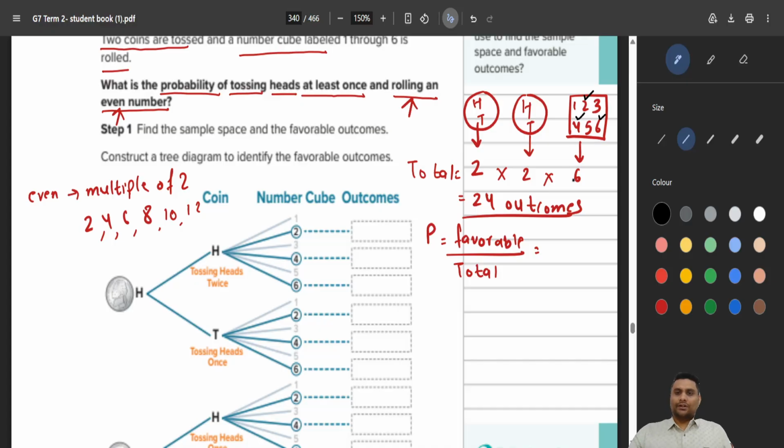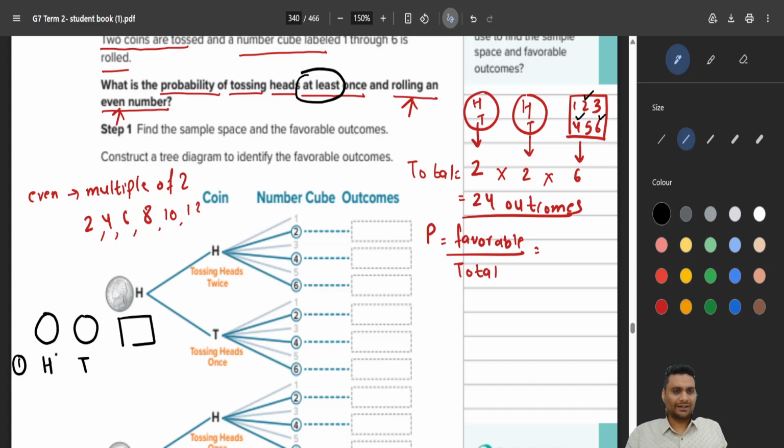Okay. Now, I need at least one head. At least, meaning I have two coins, right? So let's say I have to show you here. Let's say this is my coin number 1, this is my coin number 2, and this is my number cube. What is the first scenario? At least one head, meaning here I can get a head, here I can get a tail.